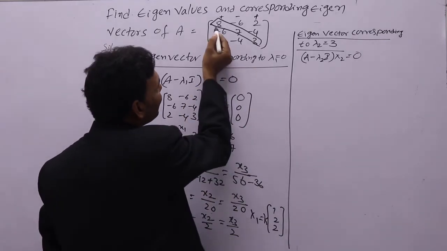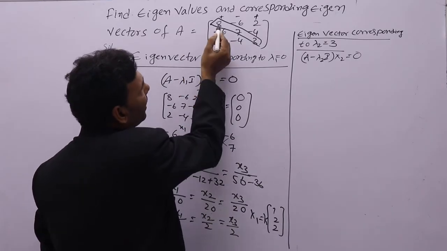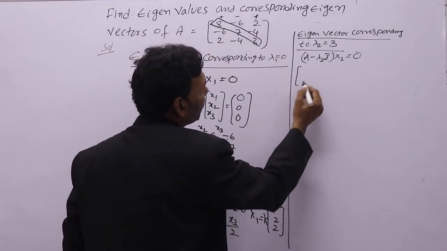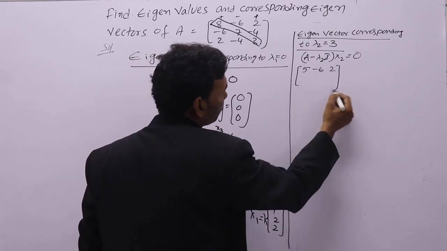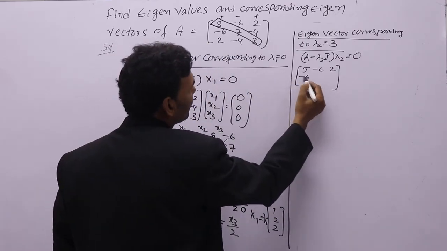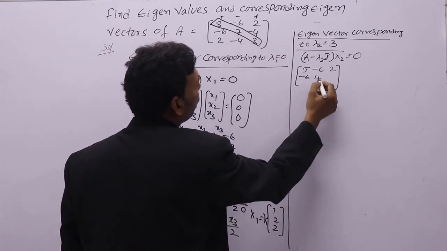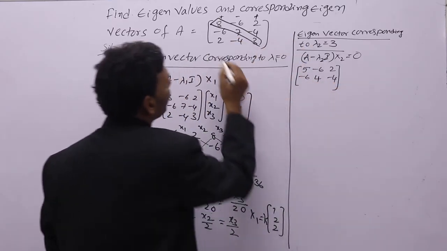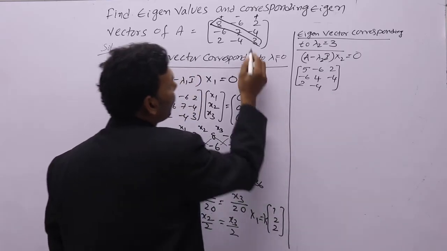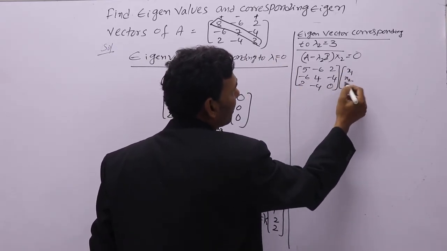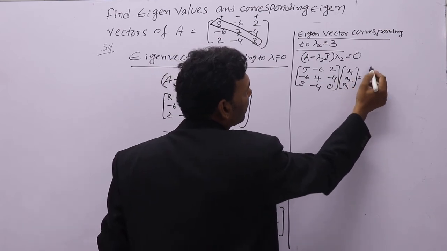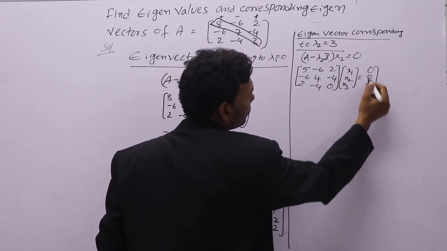The easy technique is to subtract 3 from the diagonal of A. 8 minus 3, 5, minus 6, 2, minus 6, 7 minus 3, 4, minus 4, 2, minus 4, 3 minus 3, 0. Here x1, x2, x3, and 0, 0, 0.